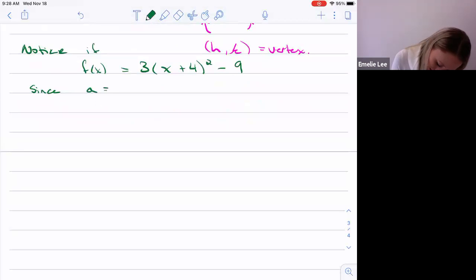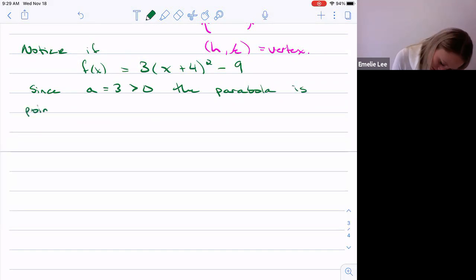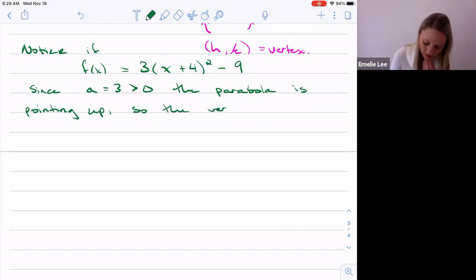Since a is 3, which is greater than 0, the parabola is pointing up. So the vertex is a minimum. Just imagine, if I'm pointing up, then the bottom must be a minimum.